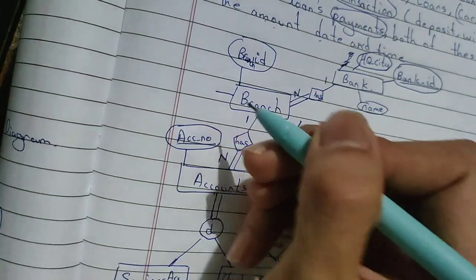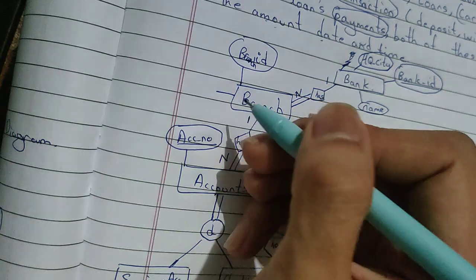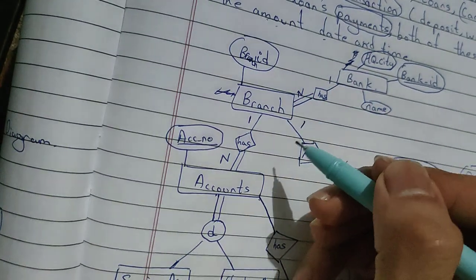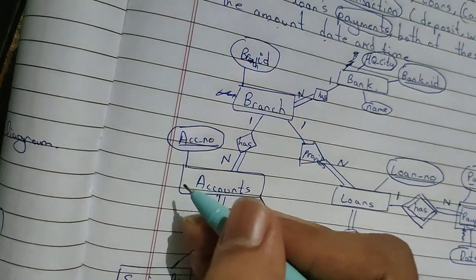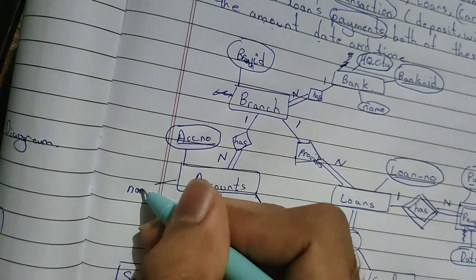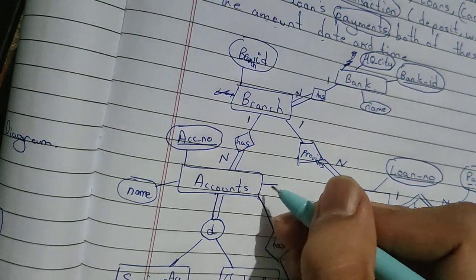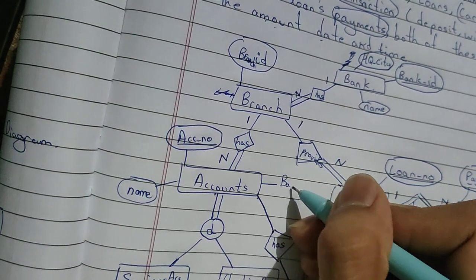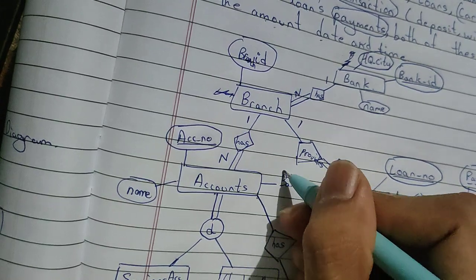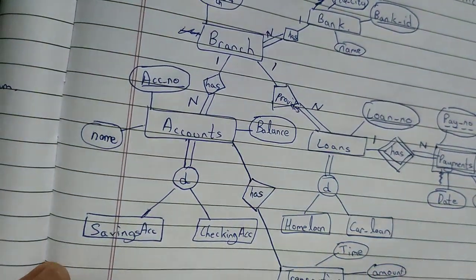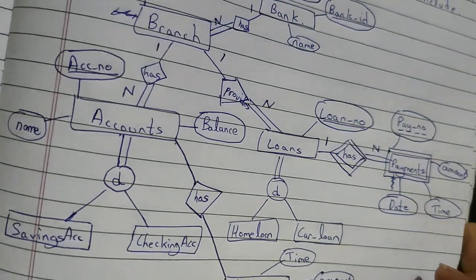Then for branch, we don't need anything actually, because we already have the branch ID and the accounts and stuff. For accounts, we can have the name of the person who's holding the account. Then we can have the balance. Obviously we need the balance, no? Like how much amount is balance in the account, stuff like that. You can add more stuff if you want. I'm just adding a few things.